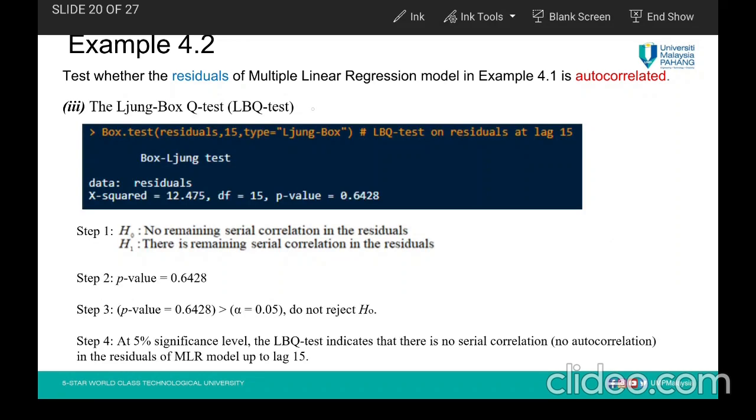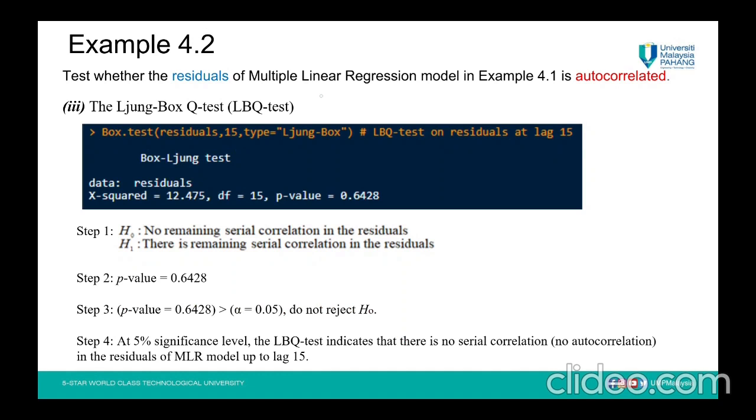The third test to check on autocorrelation in residuals is the LBQ test. For the LBQ test, it is suggested to use a lag of K max either 15, as suggested by Engle, or 10 as suggested by Hyndman.